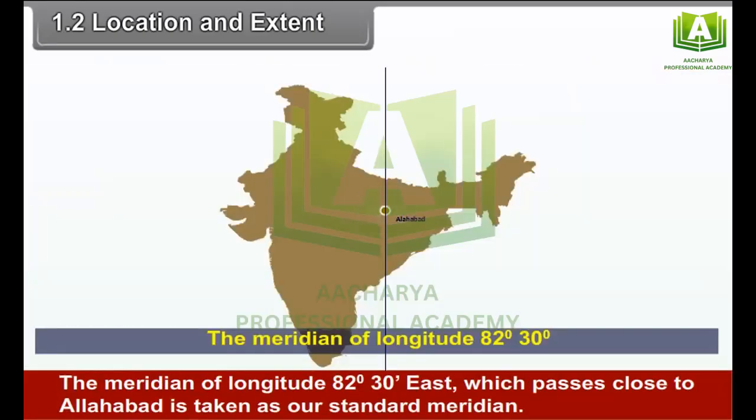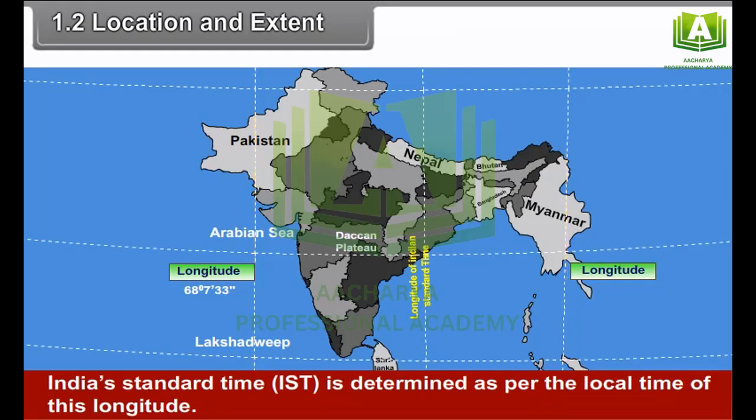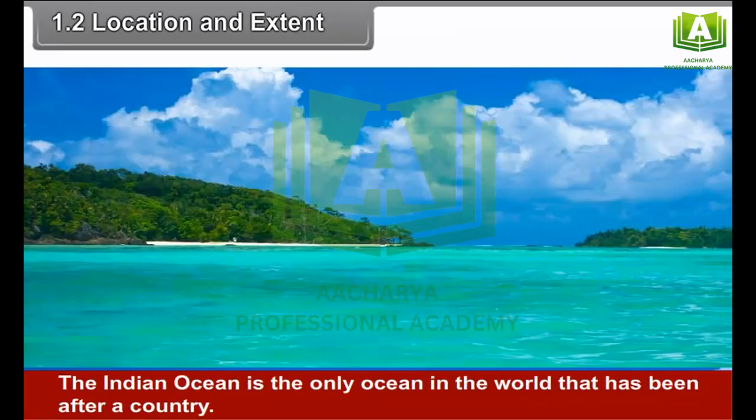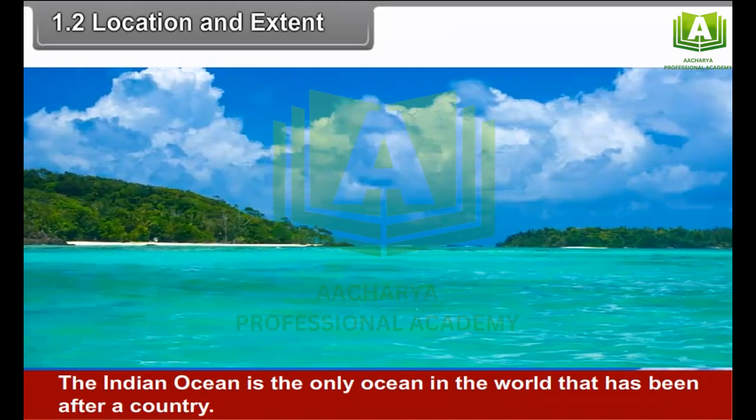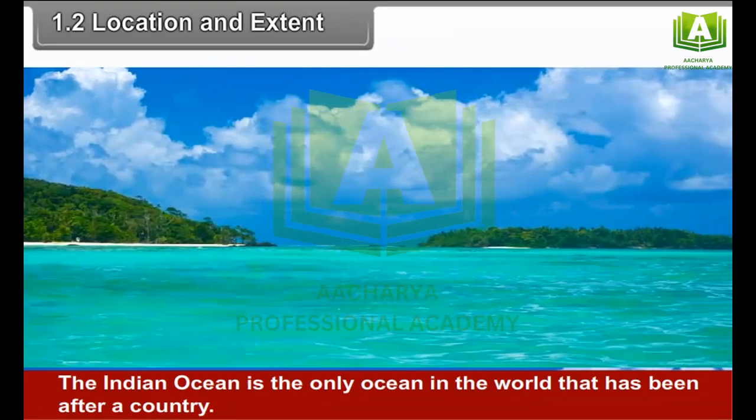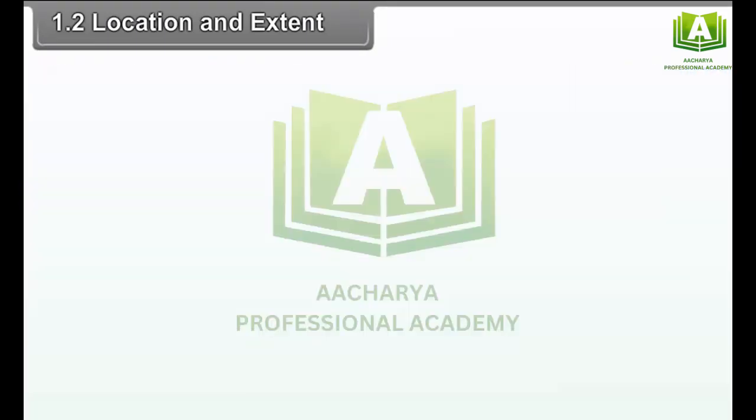The meridian of longitude 82 degrees 30 minutes east, which passes close to Allahabad, is taken as a standard meridian. India's Standard Time (IST) is determined as per the local time of this longitude. The Indian Ocean is the only ocean in the world that has been named after a country.